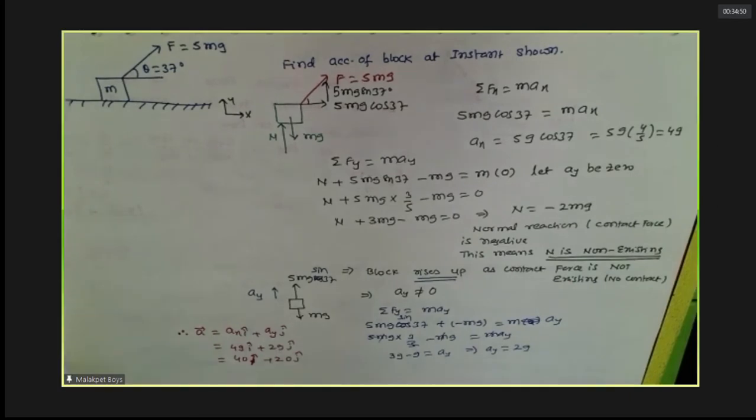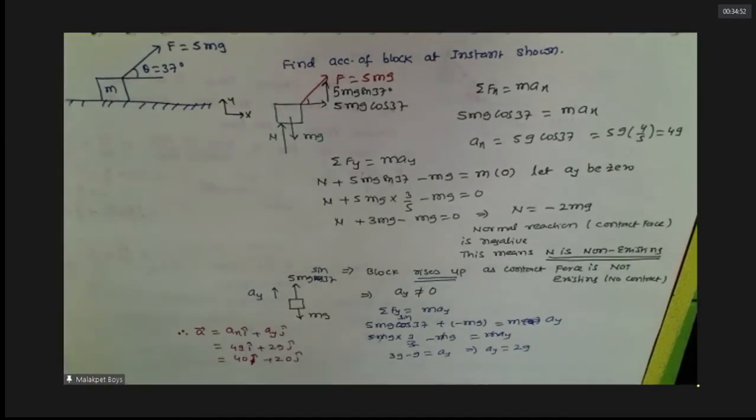Sir, if normal force existed, then we will have to take normal force also in y direction, no, sir. Then it won't leave the surface. Then y acceleration equal to 0 only will not exist, no? Yes, sir.